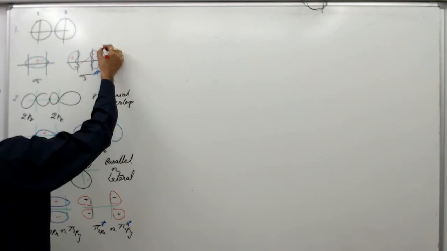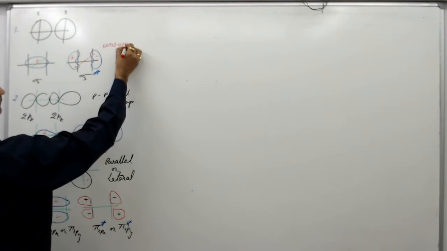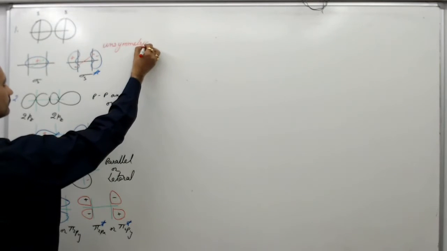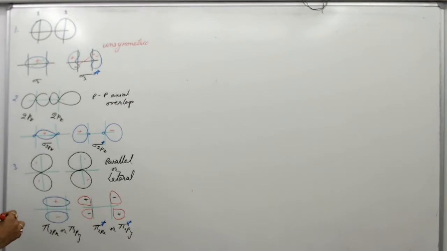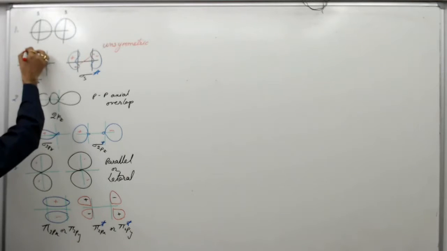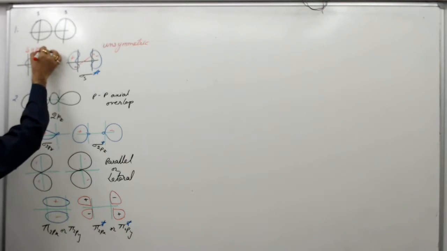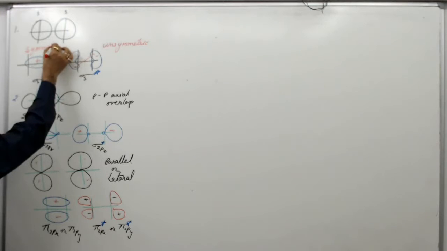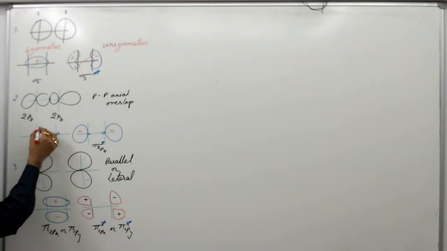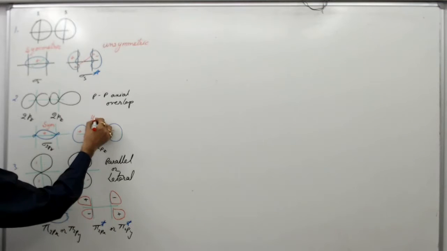So sigma antibonding of s becomes unsymmetric. Sigma bonding turns out to be symmetric and sigma antibonding turns out to be unsymmetric. Similarly, in the case of p, this comes out to be symmetric. The antibonding comes out to be unsymmetric.